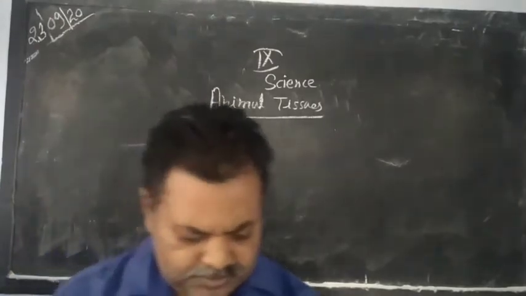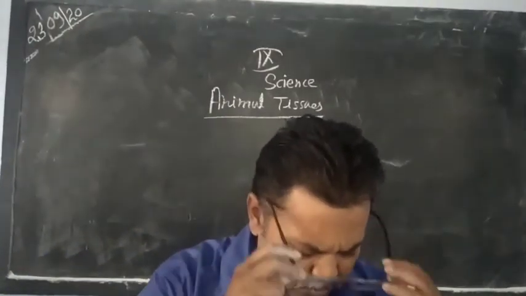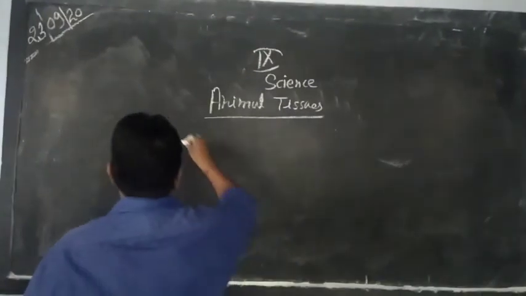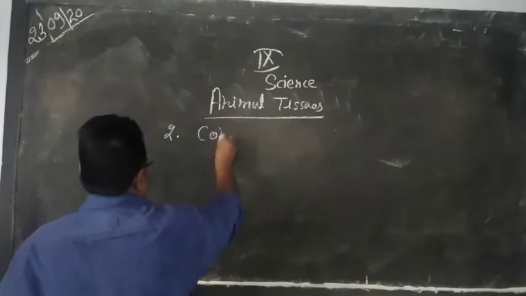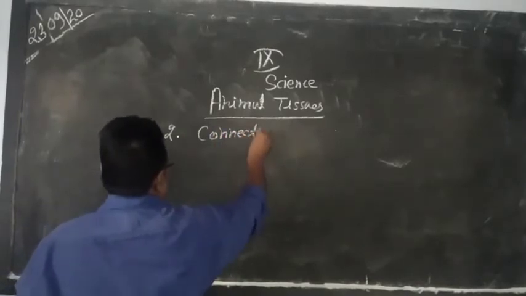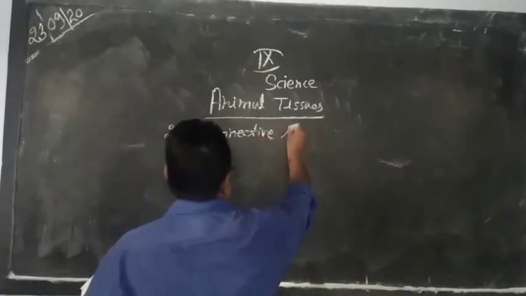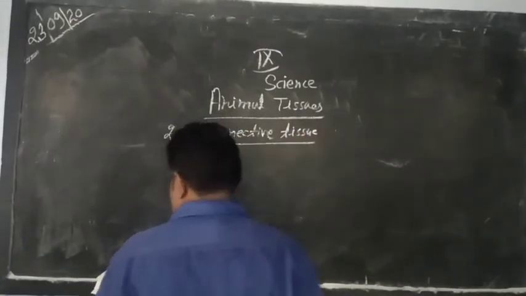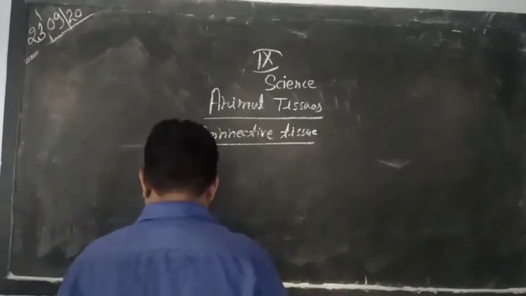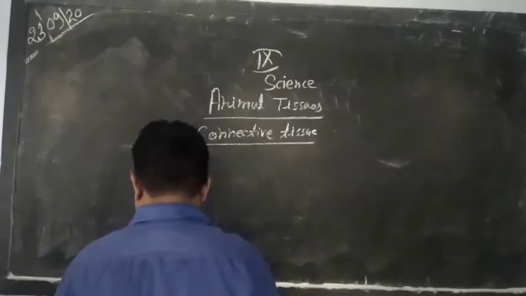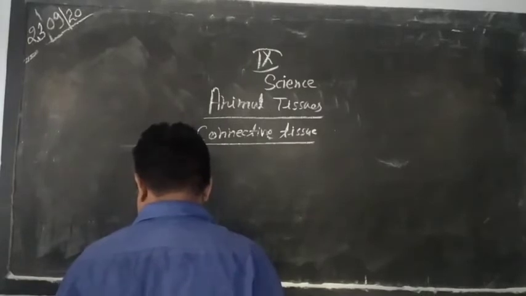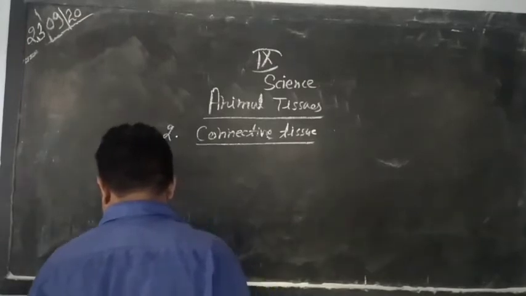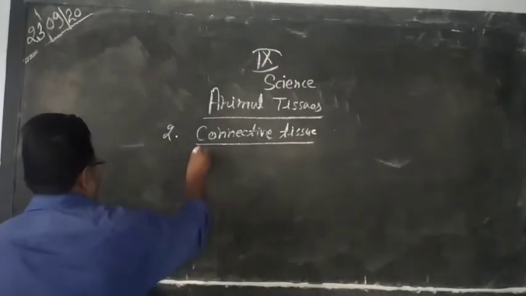Next animal tissue is connective tissue, which connects body parts between organs. So the first one is fluid connective tissue.